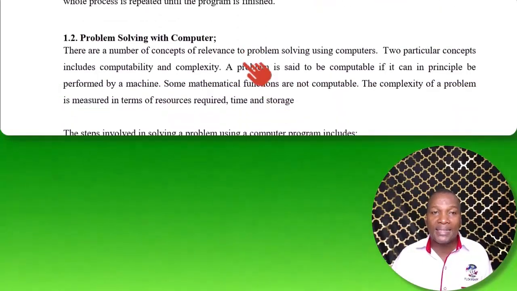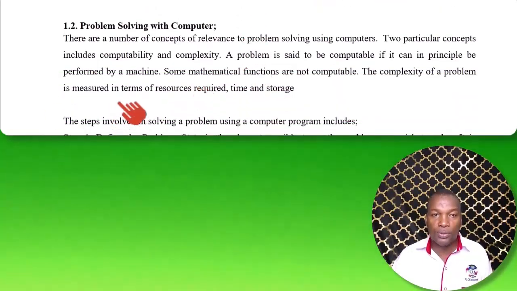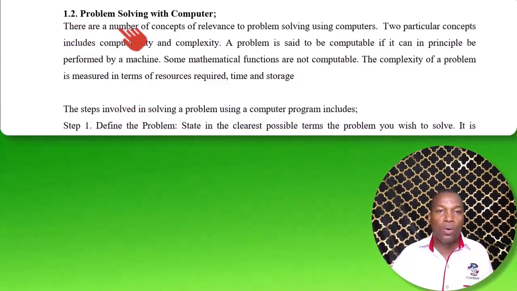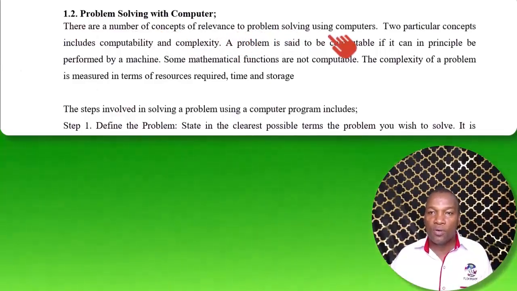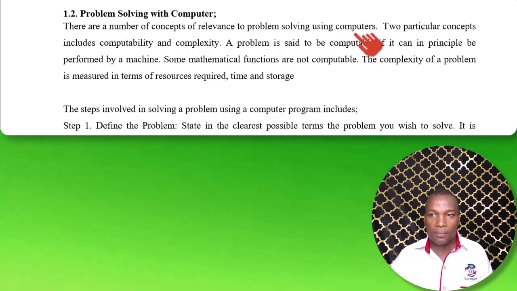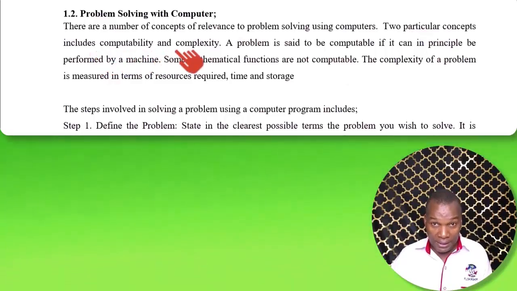Then we look at problem solving with a computer. How do we solve problems through computers? There are a number of concepts of relevance to problem solving using computers, and two particular concepts which we shall consider. One is computability and complexity.